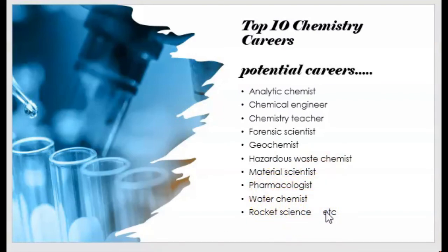I'm introducing some of the chemistry careers because chemistry has a lot of branches, and you can go to any of these branches and they will give you some income. So if you are very fond of chemistry, then you will definitely find one. These are the top 10 careers you can see in the industry.